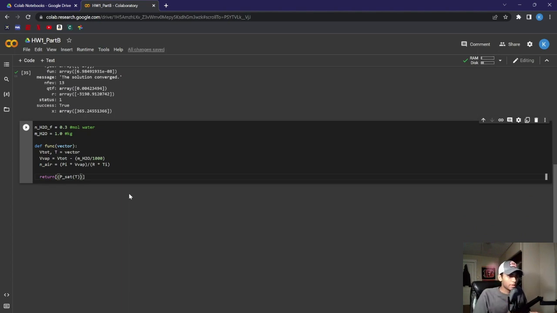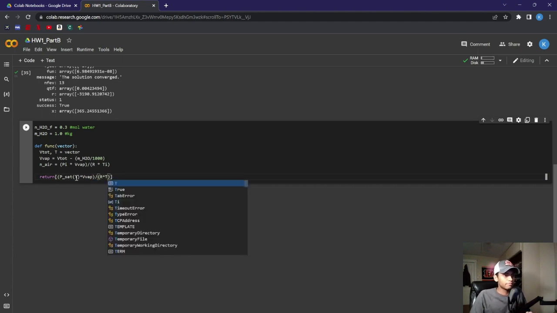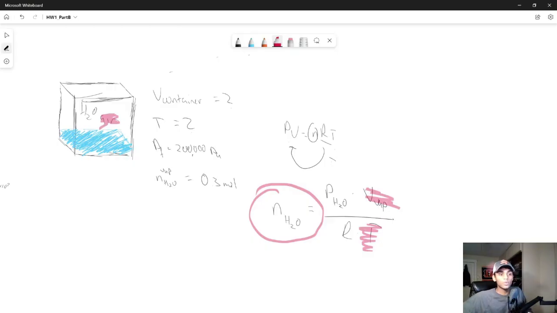Now the next thing that we need to put in there is going to be the volume of our vapor phase. So VVAP is going to be right there. And then we're going to divide this by R times T. Now remember, whenever we optimize something, we always want to make sure that one of our sides is equal to 0. So we're going to bring NH2O over here, and we're going to end up subtracting our moles of water so that we can optimize for the volume.